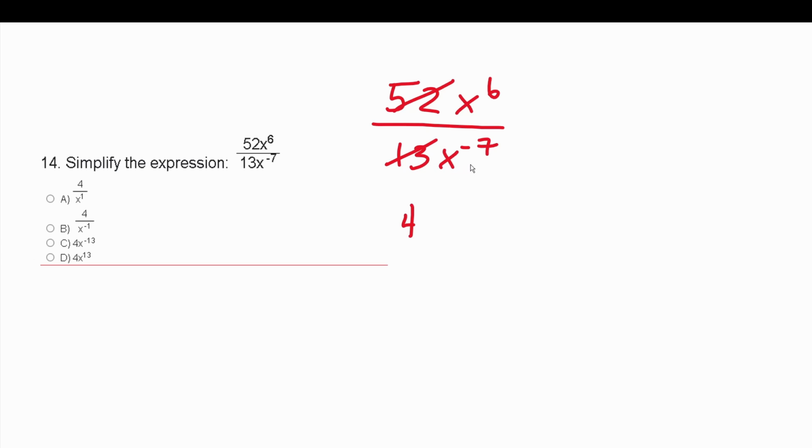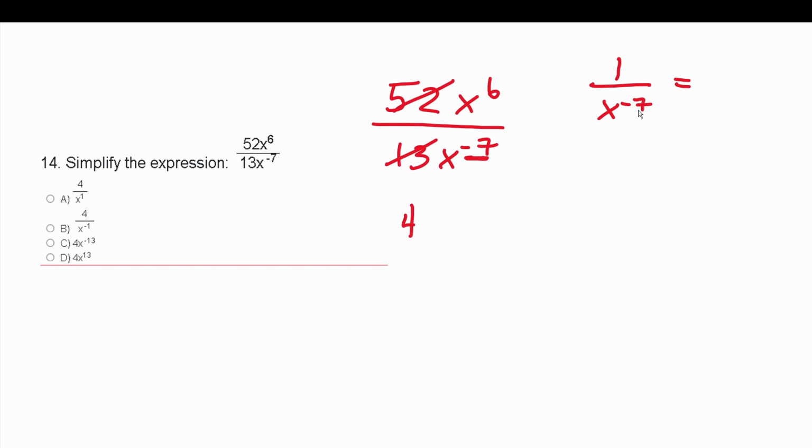And as I keep mentioning, you can never have a negative exponent. So let's just look at this x to the negative seventh. Again, we have 1 over x to the negative seventh. You cannot have a negative exponent. Whenever you have a negative exponent, that prompts you to move it across the division bar and make its exponent positive.